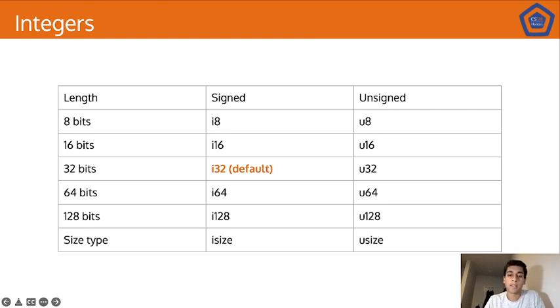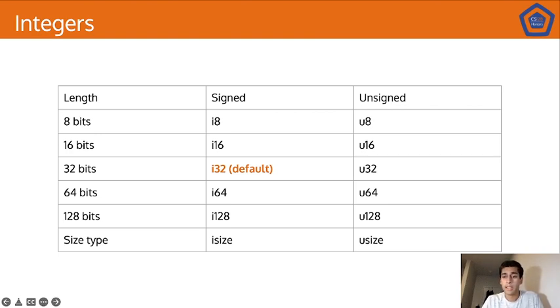You also got the size type. Size type is the number of bits that your computer represents a pointer with, an address in memory. So this can be 32 bits or 64 bits depending on the computer you're on. These are sort of implementation dependent. So I know for a fact that on my computer, size types are 64 bits.